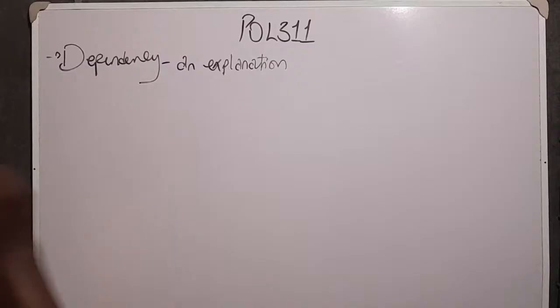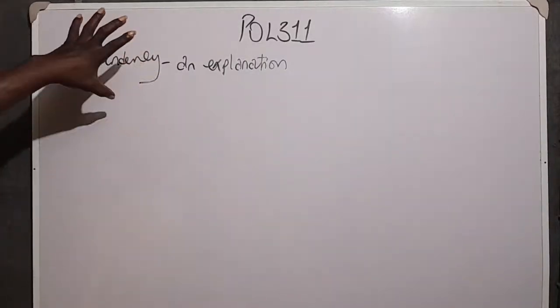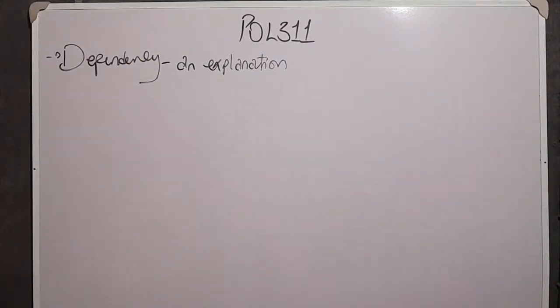This dependency we are talking about, literally, when we just look at the word dependency, we are simply considering the fact that you as an individual or as a nation or as an economy, you depend on another country for development. Your source of development, your source of livelihood, your source of economy. Your economy is dependent on the activity or the transaction between your country and another country.